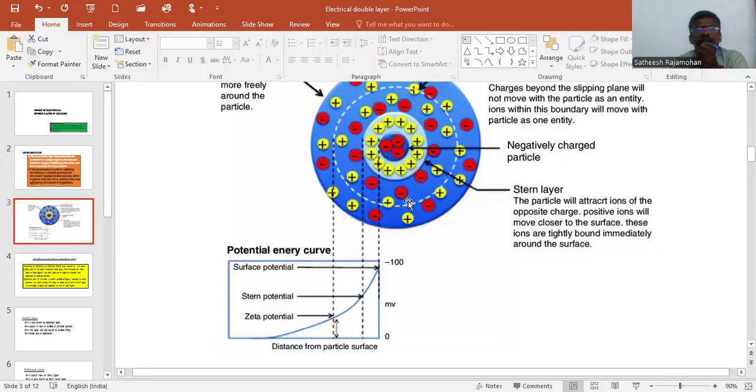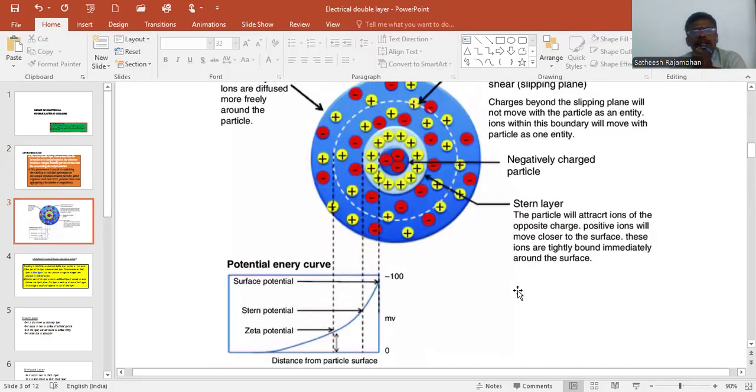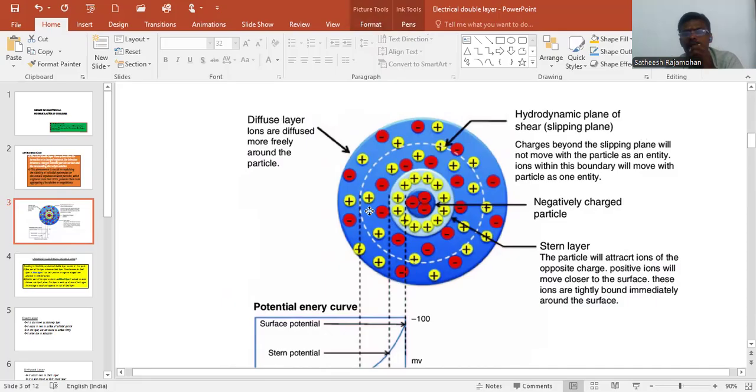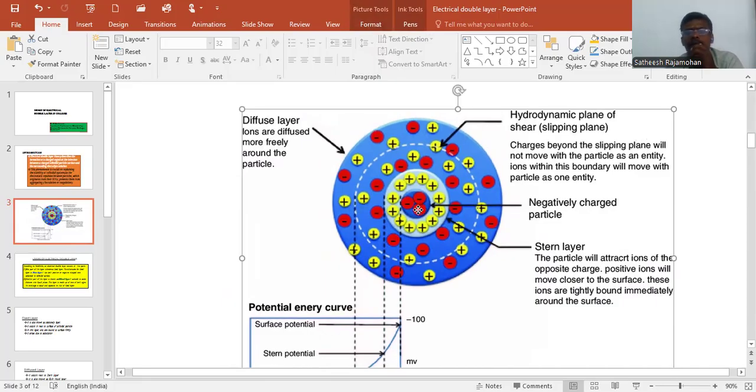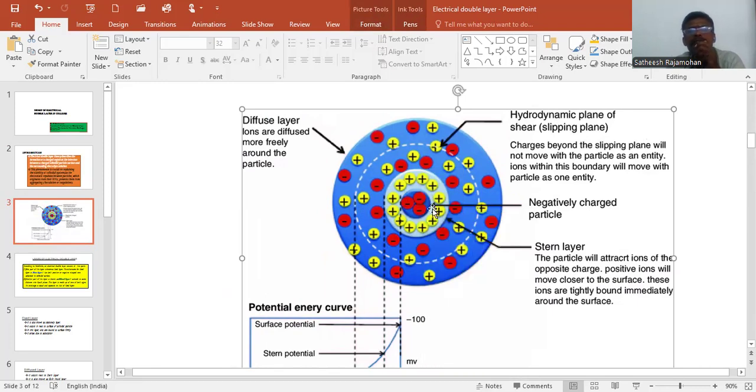In this slide, you can view the things. This is the rough sketch of the electrical double layer. This is your charged colloidal particle.